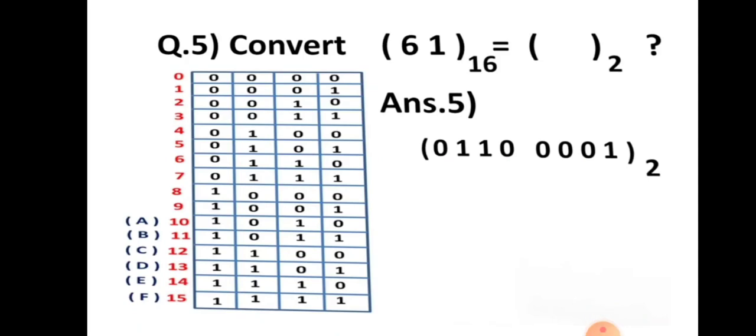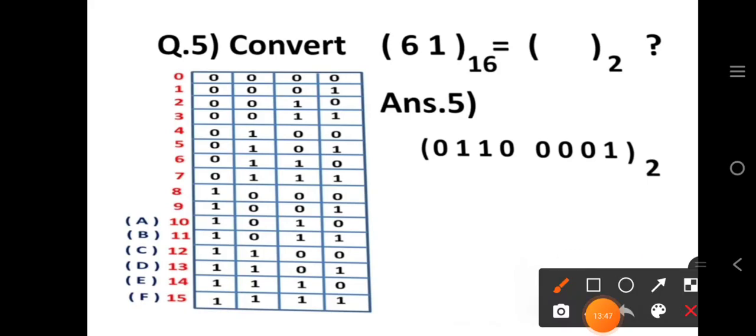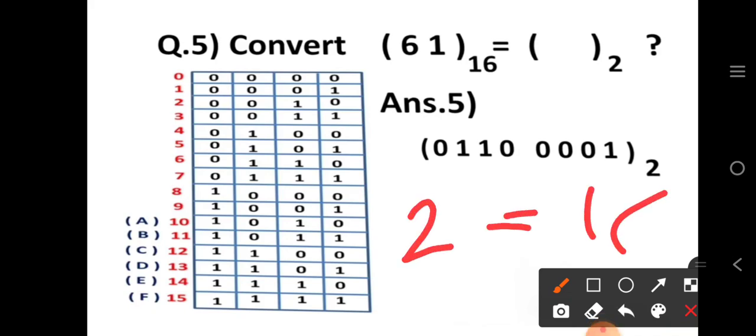Before moving to question number 5, we will discuss this table. Here we are converting binary to hexadecimal, so what do we have to do to convert 2 into 16? For the octal system, we cubed 2 to get 8.